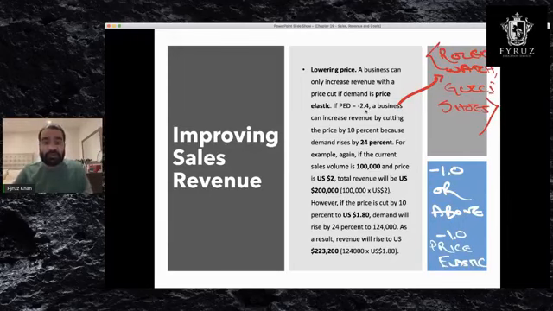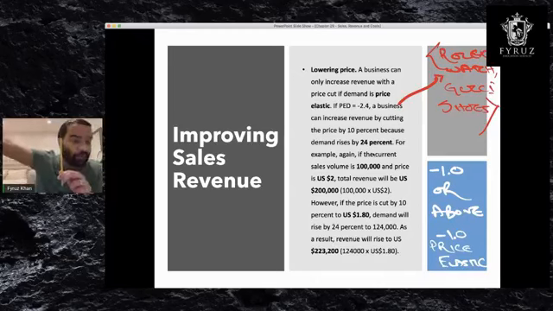So there you go. When you lower your price by 10%, demand will rise by 24%. You're lowering the price. Now, a lot of them may think that, okay, I'm lowering the price, that means my profit will be less. No, you're lowering the unit price. But when you lower the price, you're also attracting a lot of people to buy your product.